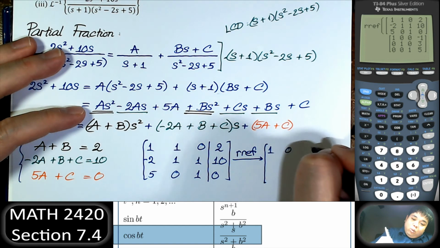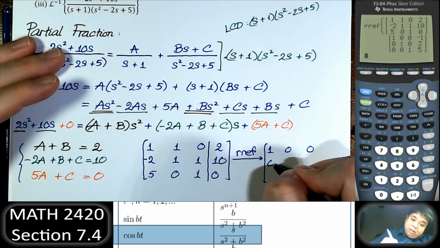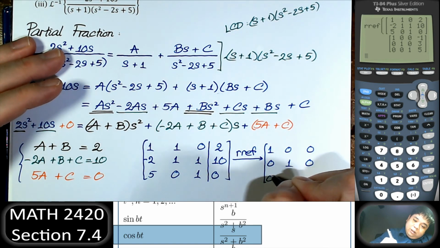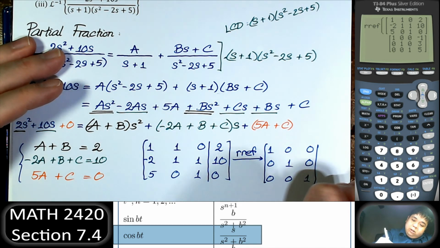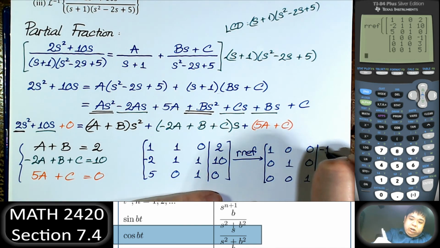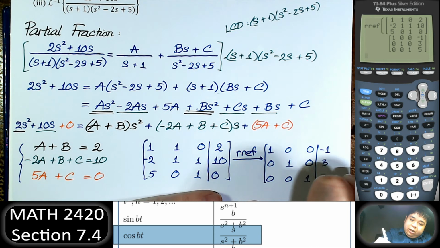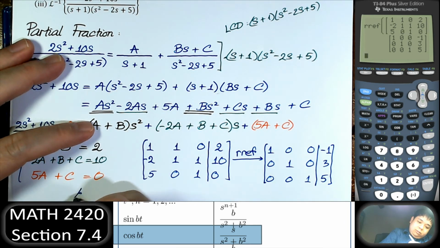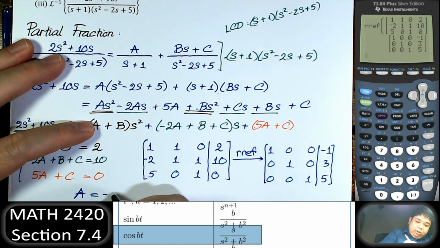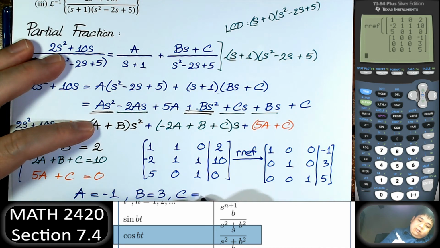On the left hand side we do have the diagonal matrix. Then we have negative 1, 3, and 5. A is equal to negative 1, B is 3, and C is 5. Right.